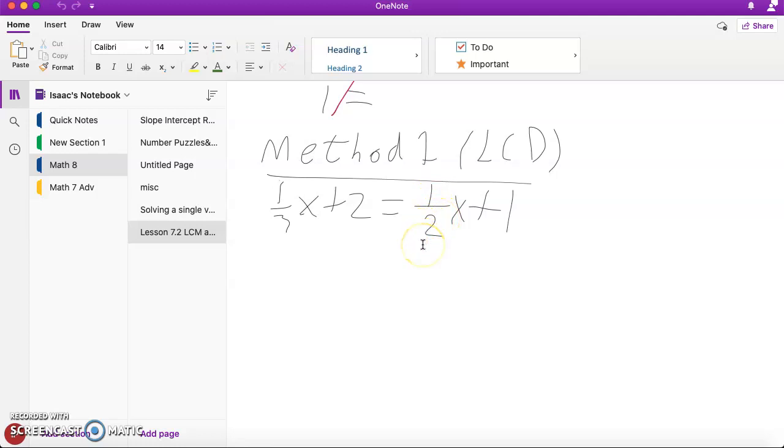Or you can use cross multiplication, where you go, alright, 1/3 times 2/2 and 1/2 times 3/3. 1/3 in terms of sixths is 2/6, and 1/2 in terms of sixths is 3/6.